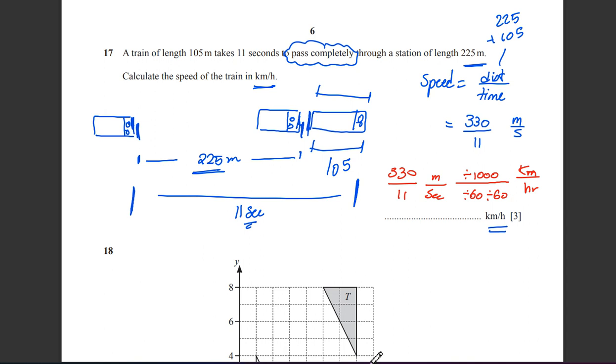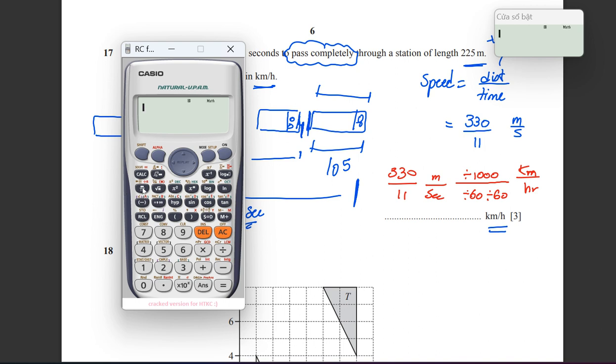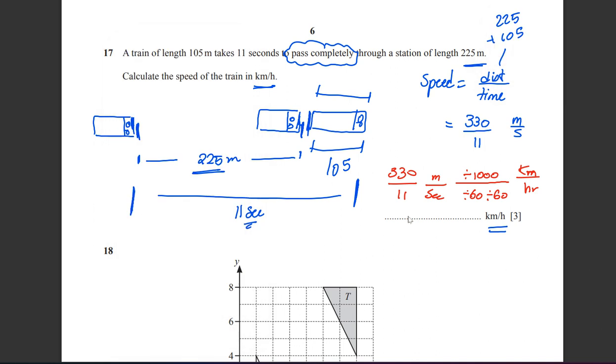Direct fraction here, 330 divided by 1000. Then down there, I will write 11 divided by 60 divided by 60 again. So I converted the numerator alone and the denominator alone, and it equals 108 kilometer per hour.